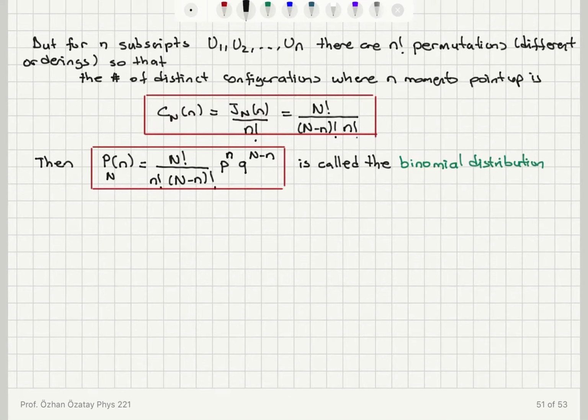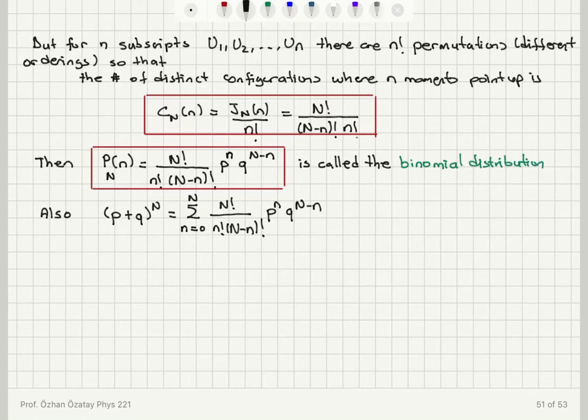It is due to the binomial theorem. In mathematics, if you have two variables, p plus q to the power N is given by the binomial theorem: sum n equals 0 to N of N factorial over n factorial, (N minus n) factorial, p to the n, q to the N minus n.